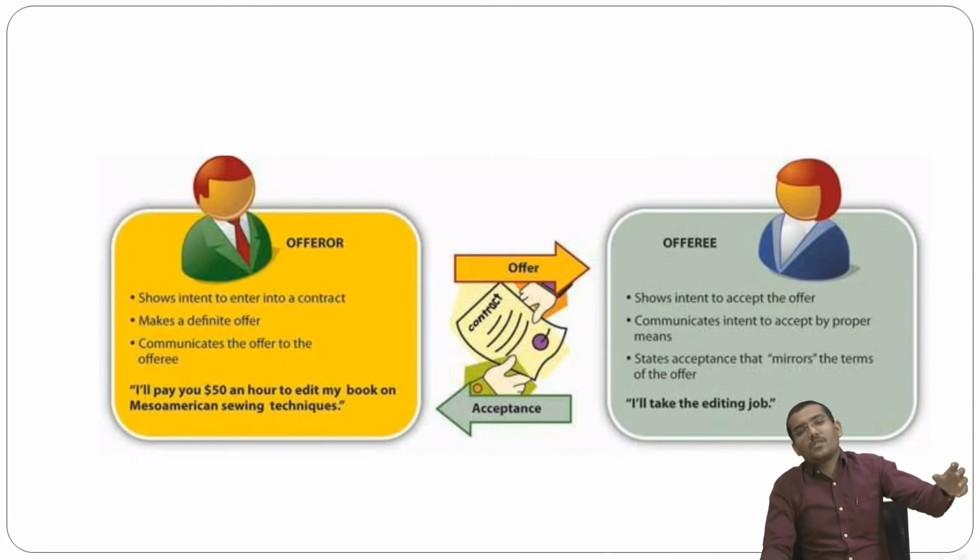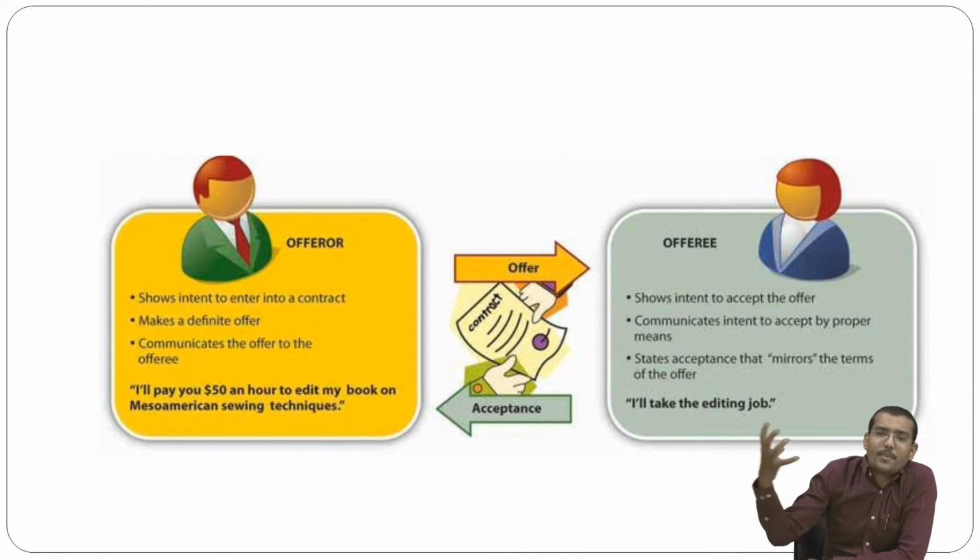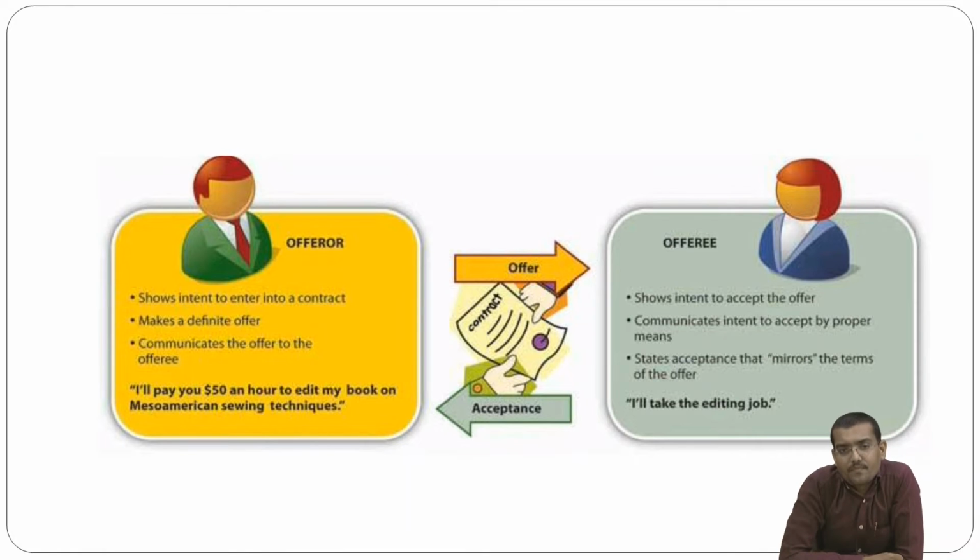So let's move to the further discussion, that offerer and offeree. In this chart, we define that one person is an offerer and another person is an offeree. The offerer shows intent to enter into the contract and makes a definite offer, and communicates the offer to the offeree.